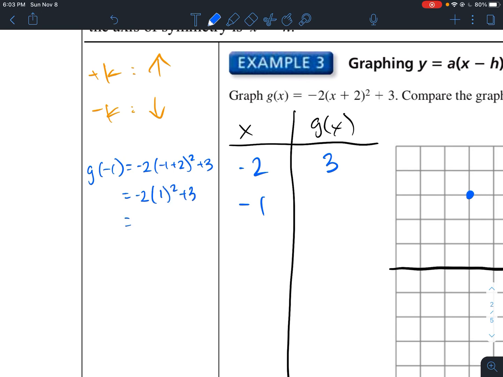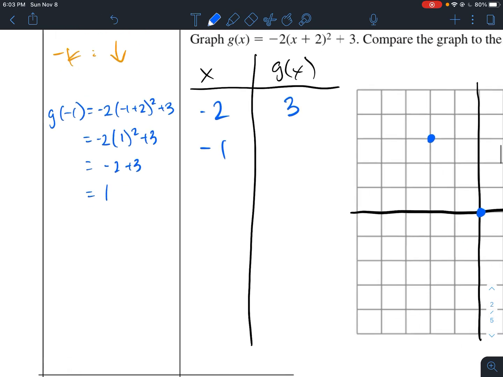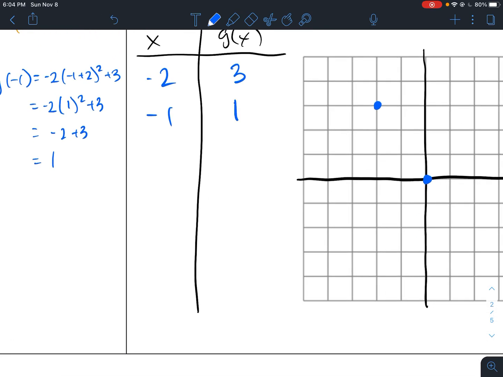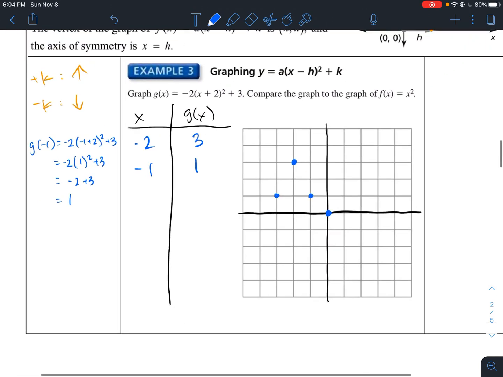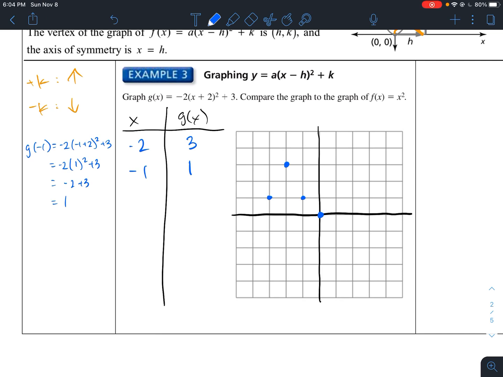So that's going to be equal to -2 plus 3, and that's going to be equal to +1. So when x is -1, y will be 1. And remember, it's a symmetrical graph, so then it'll be right there. The other half will be right there. So how about when x is 0? So let's plug 0 into the function.